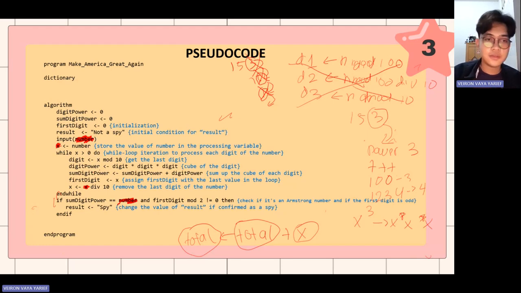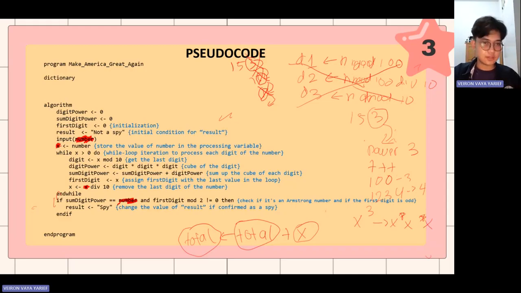But at the end of the loop, is it the same value? Of course not, because x always gets division by 10 on every loop. So it will always end on the first digit. Worse, it will end on 0. x div 10 always ends with 0.